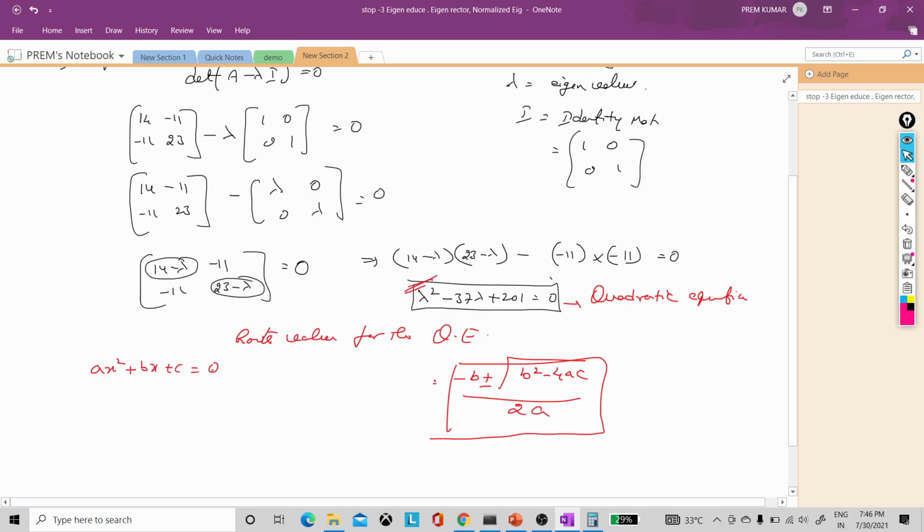In this equation a will be 1, since the coefficient of lambda square is 1, and b is equal to minus 37, c is equal to 201.